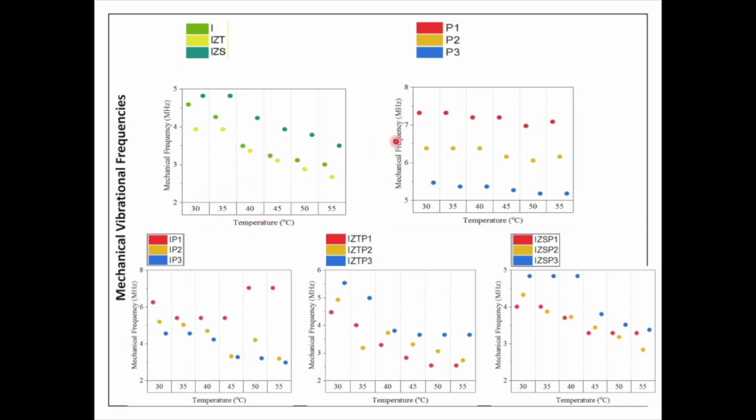Here we again see the effect on the mechanical frequency of papain, and we see that the mechanical properties of papain are impervious to the thermal fluctuation in the ambient environment. If we introduce papain to insulin, we initially see that the mechanical frequency goes down, which shows that there is an interaction and larger masses are being formed.